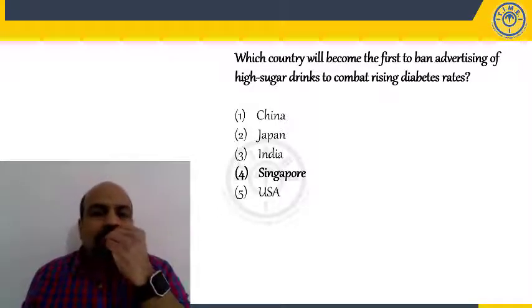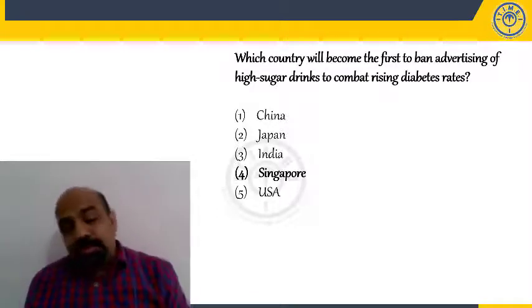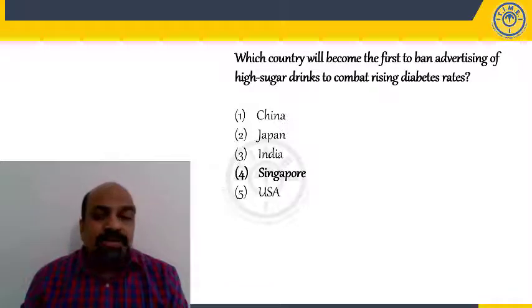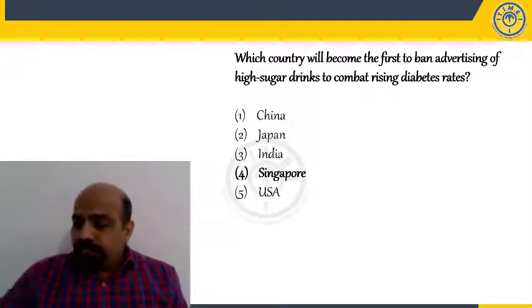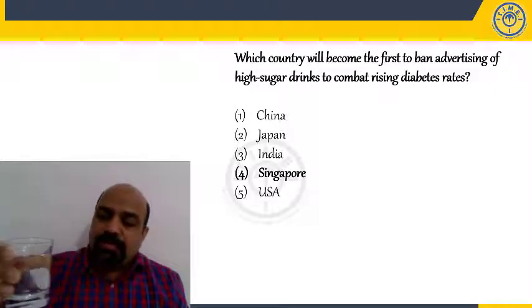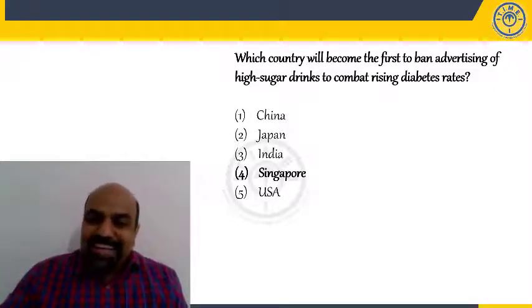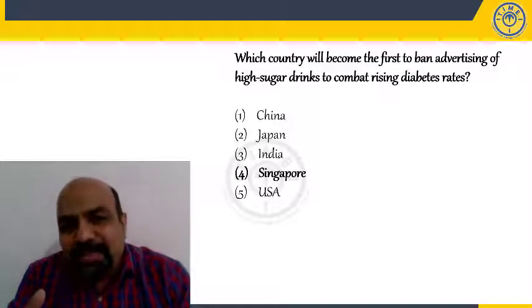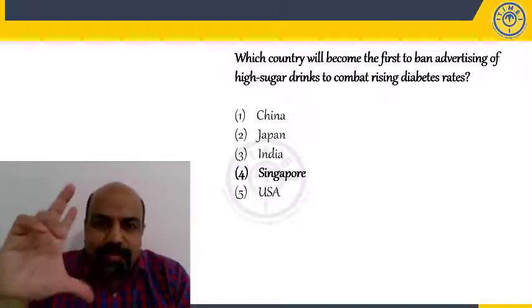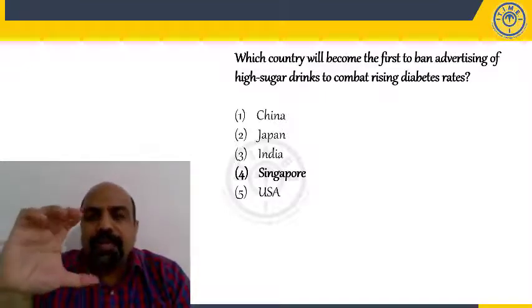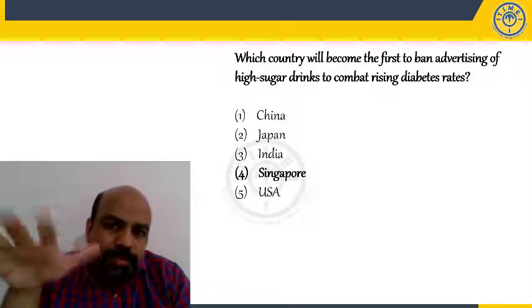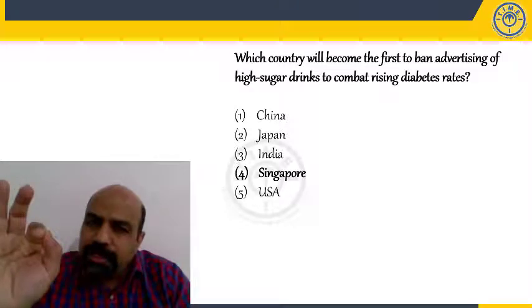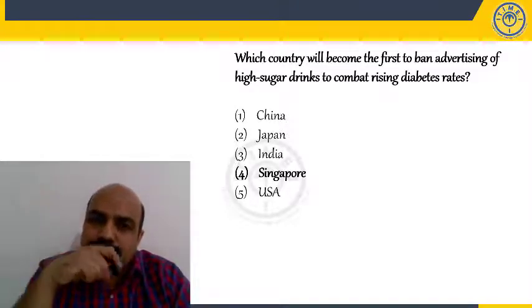diabetes? Singapore. See, if you like cold drinks and everything, I'll tell you why they are bad for health. Let's say a can of 330 ml, of Coke or Pepsi or whatever, do you know how much sugar is there? 40 grams of sugar.